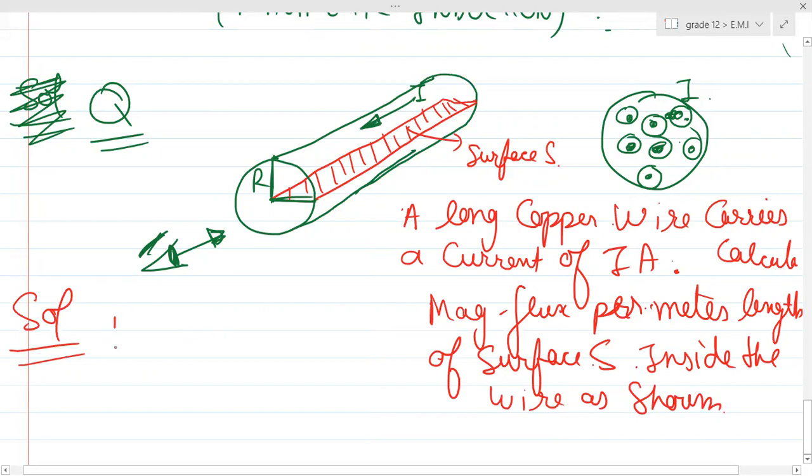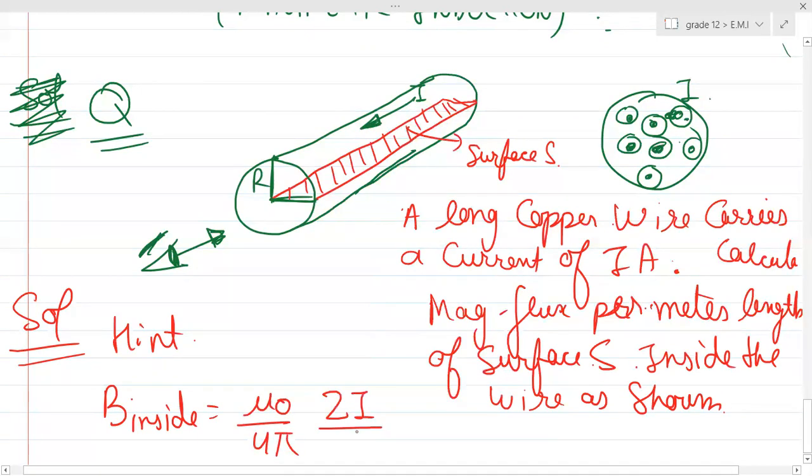For your hint, I'll give you the magnetic field inside a solid conducting cylinder. If you remember, it was equal to mu naught by 4 pi into 2I by R square into small r. If anyone doesn't remember, go to magnetic effect of electric current.